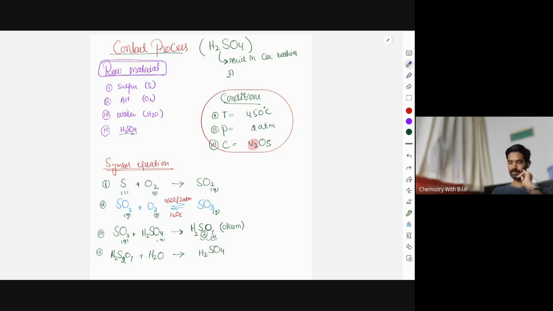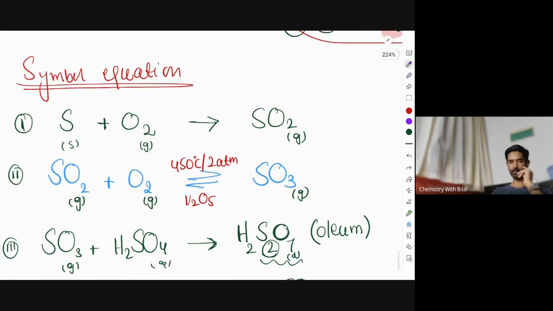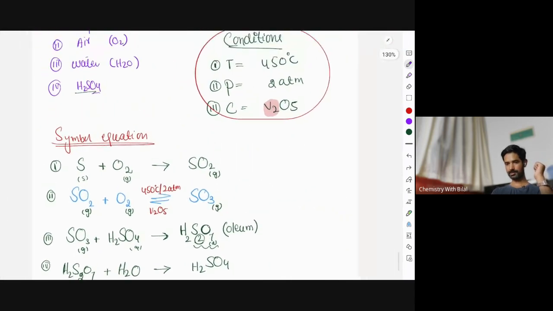Which reaction is reversible and in which step we use all the conditions, right? And other symbol equations.